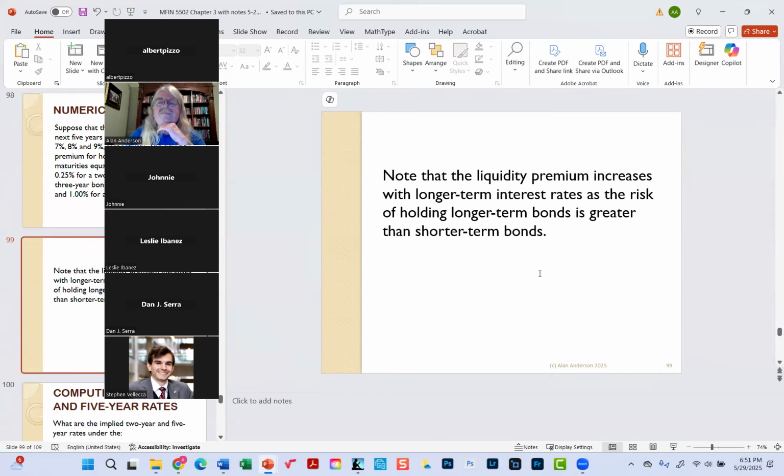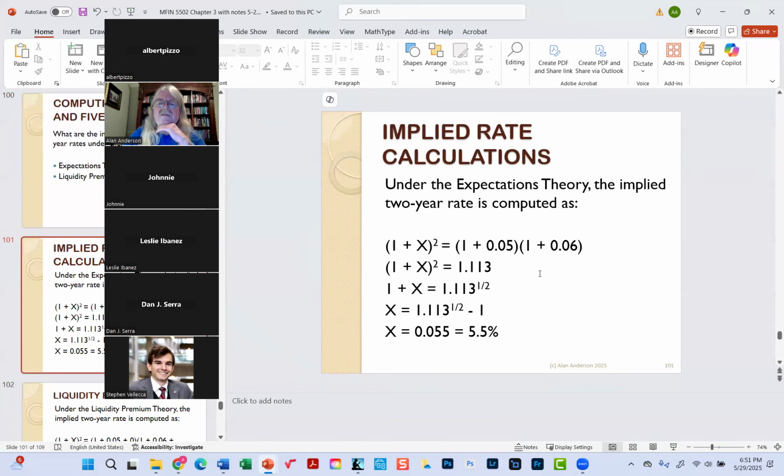So the expectations theory says that the two-year rate would therefore be 5.5%.